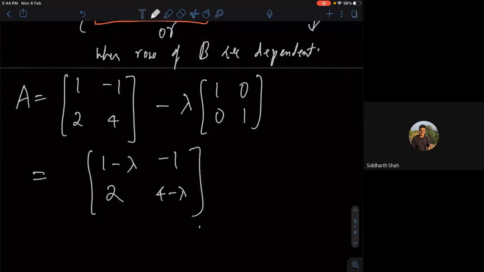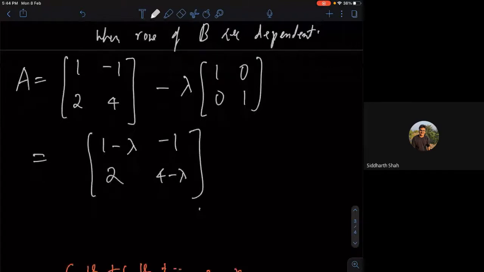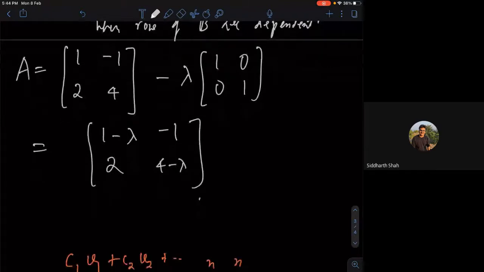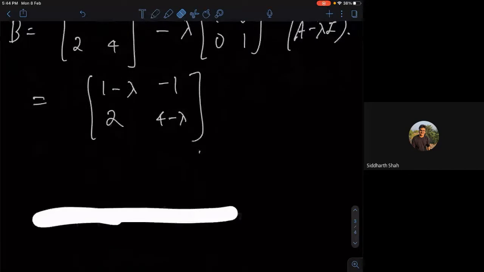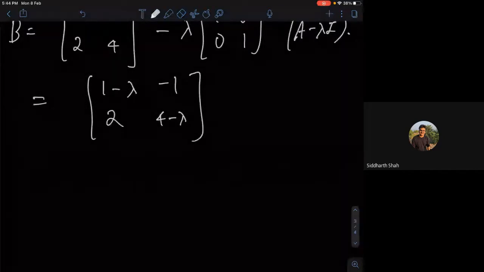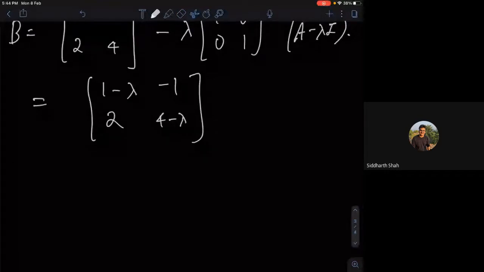This is my matrix B, because this is equal to A minus lambda I. I'm saying that the determinant of this is 0. Now, can you tell me those values of lambda which make the determinant of B 0? 2 and 3.